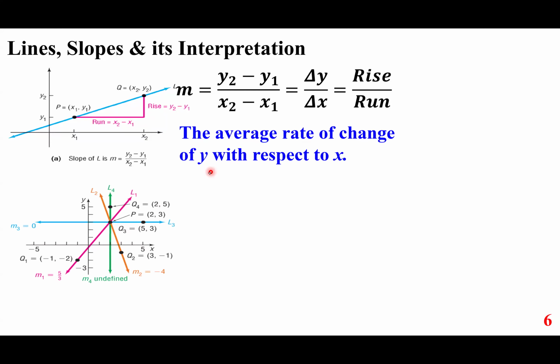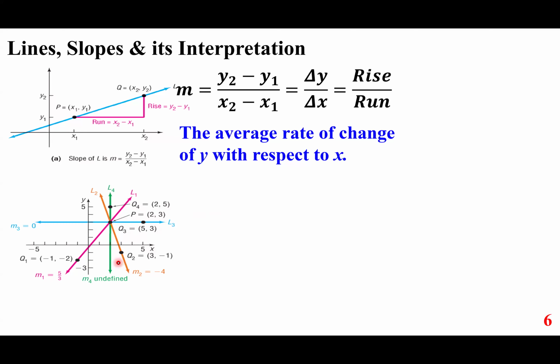So if we look at these lines, obviously this one has a positive slope. It's rising. This has a negative slope. It's falling. Any horizontal line has a slope that is 0. Any vertical line has a slope that is undefined.